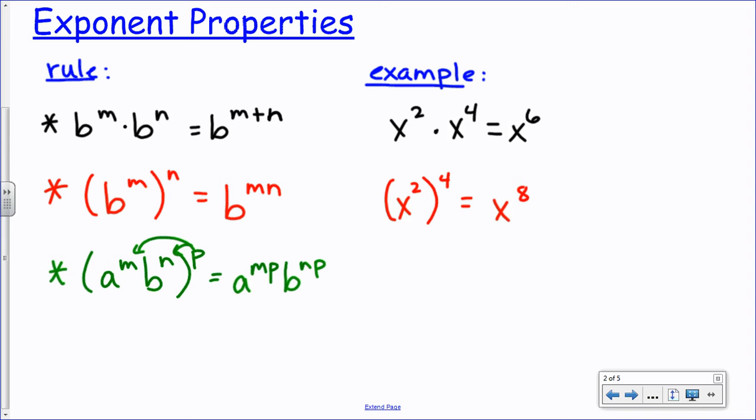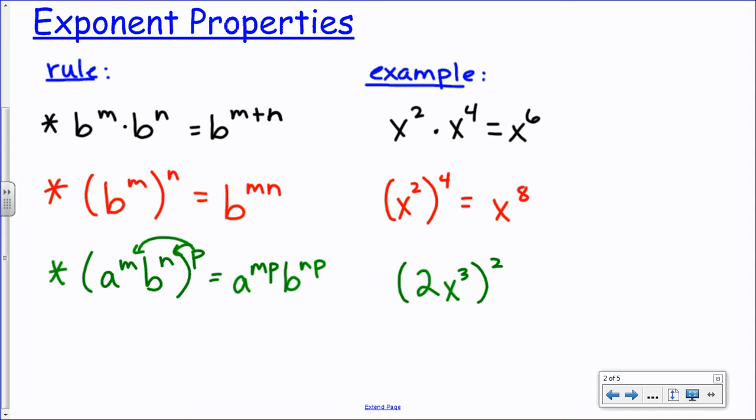This isn't so difficult to see when you have bases that are variables, but sometimes you have a number as a base, and that can be forgotten. So 2 is a separate base from x.